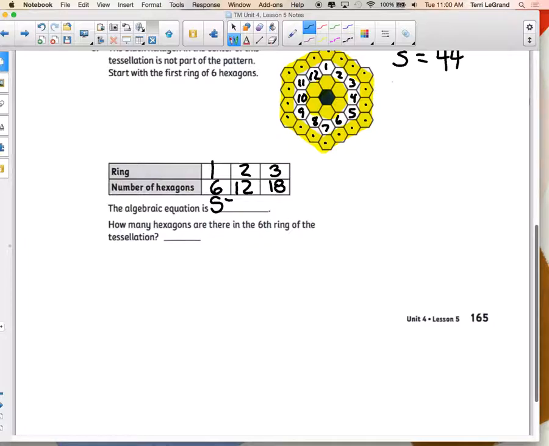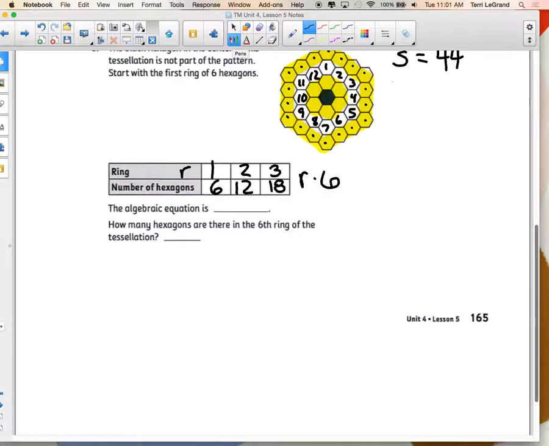No, not equation, Cheyenne, I just want the algebraic expression off to the side. Okay, thanks. So she's calling the ring number R, apparently, which is totally cool. I will show that. Next person does the algebraic equation.